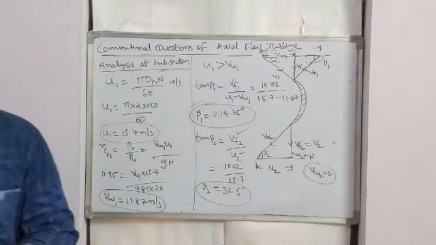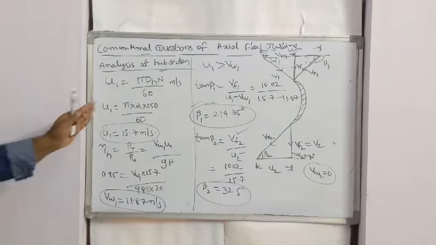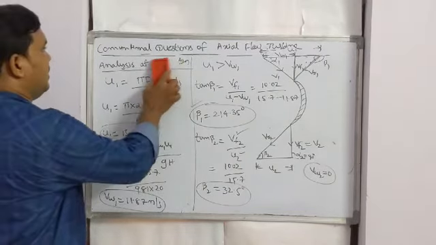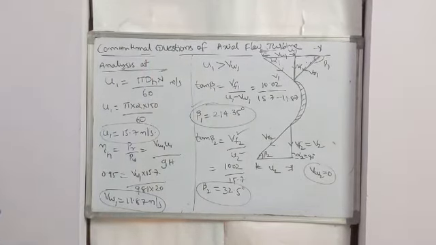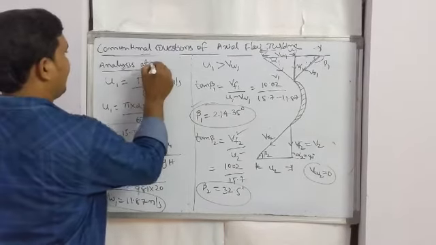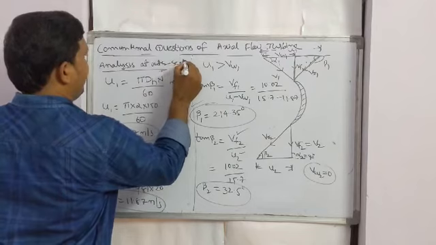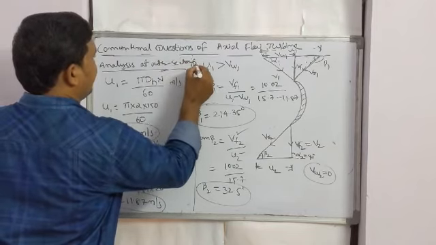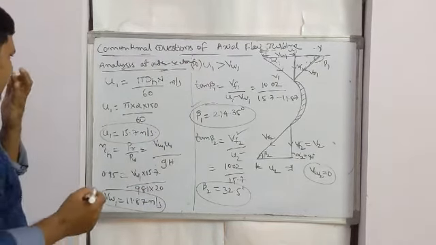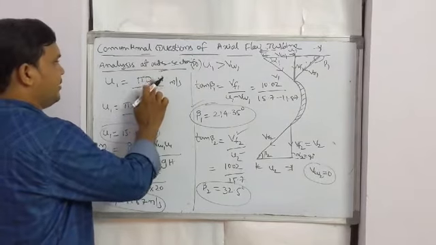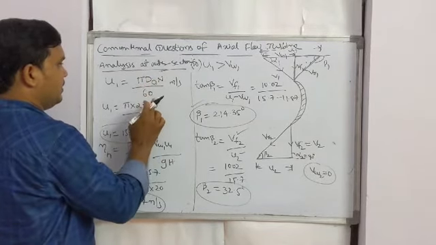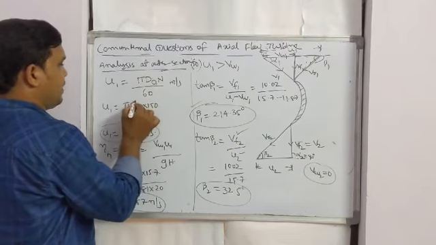The same procedure we will follow for the outer section, that is, at DO. Again U1 is found by using DO. DO is 4.5.